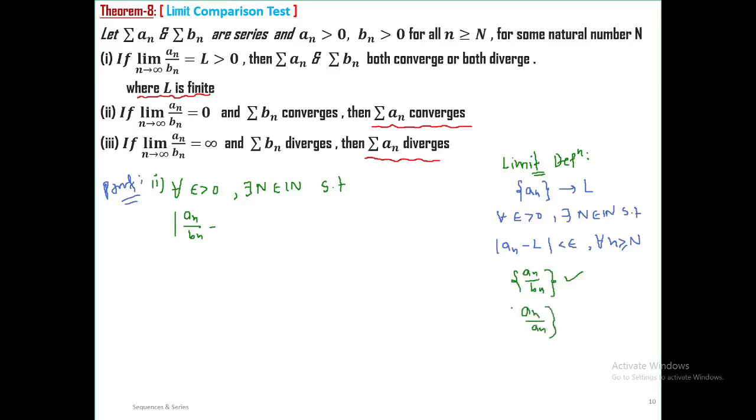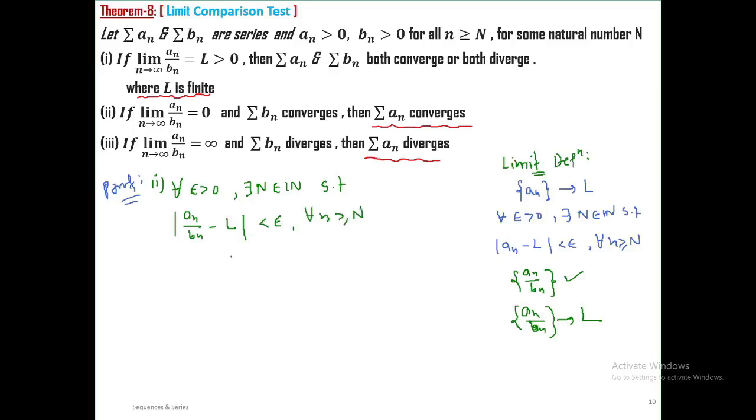If this converges to some L, then according to the definition, modulus of an by bn minus L, because the limit value is L here. Look at the first statement: the limit value is L, it is already given. Then the conclusion is both an and bn converge or diverge together, that I need to prove. So modulus of an by bn minus L is less than epsilon for all n more than or equal to capital N. So this is by definition.